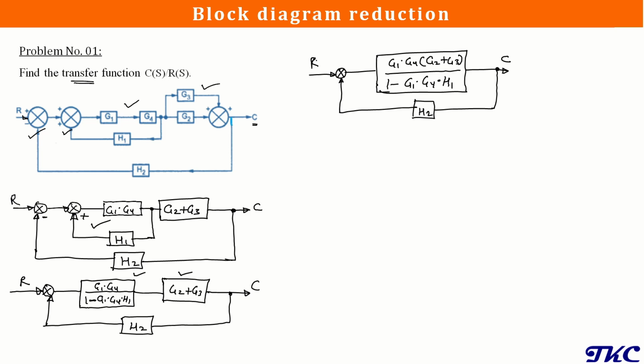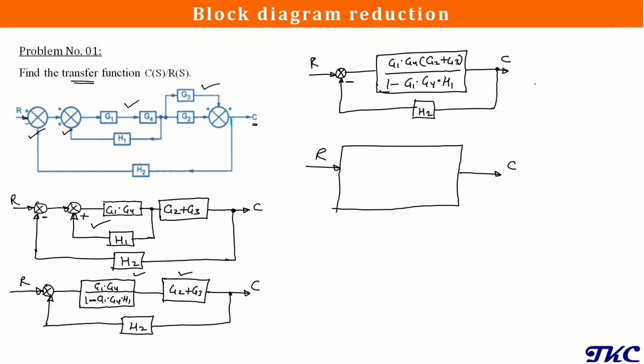Okay, now if you see carefully this one, it is a minor feedback loop, so directly we can replace this entire block with its closed loop transfer function. So it will be input signal R, and then we will be having the closed loop transfer function of the above blocks, and we will be having an output. So how do we write it?